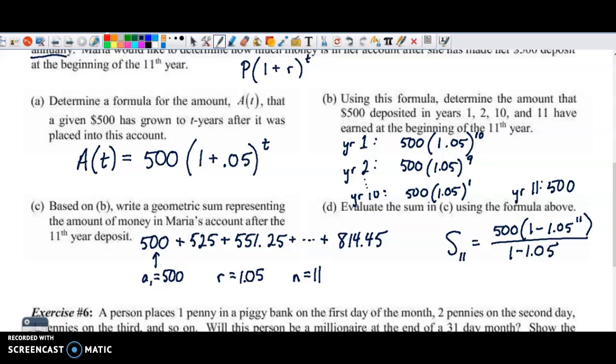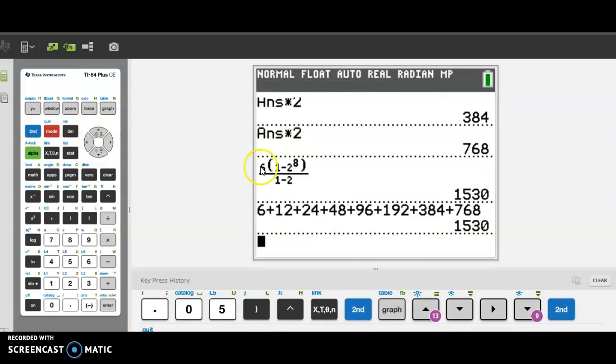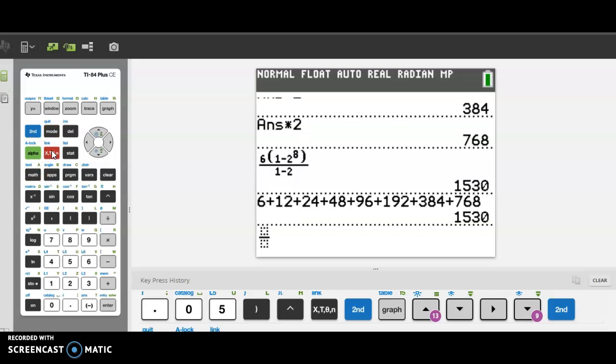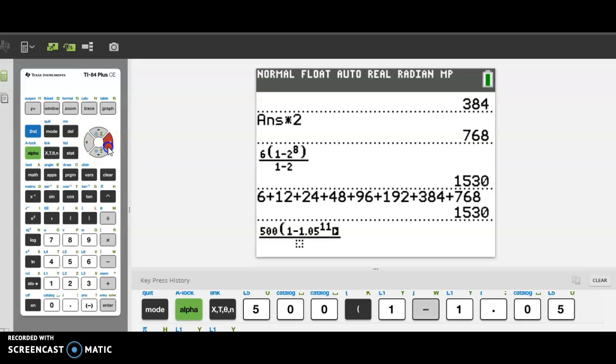I could save all these numbers and add them together, but I'd rather see the formula where you did 500, 1 minus 1.05 to the 11th power, all over 1 minus 1.05.